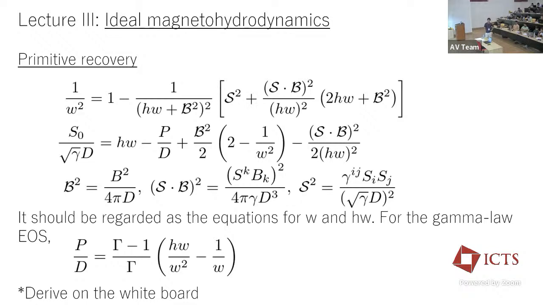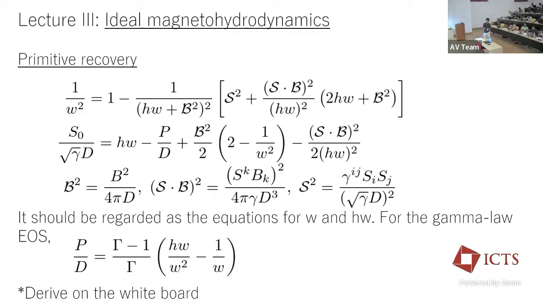So for the gamma-law equation of state, these terms, pressure divided by the conserved mass, are given by this equation. It's a relatively easy form, in terms of H omega, omega square, and omega. So you can solve these three equations, not two equations, by, like, Newton-Raphson. This is a way for the primitive recovery for the gamma-law equation of state.